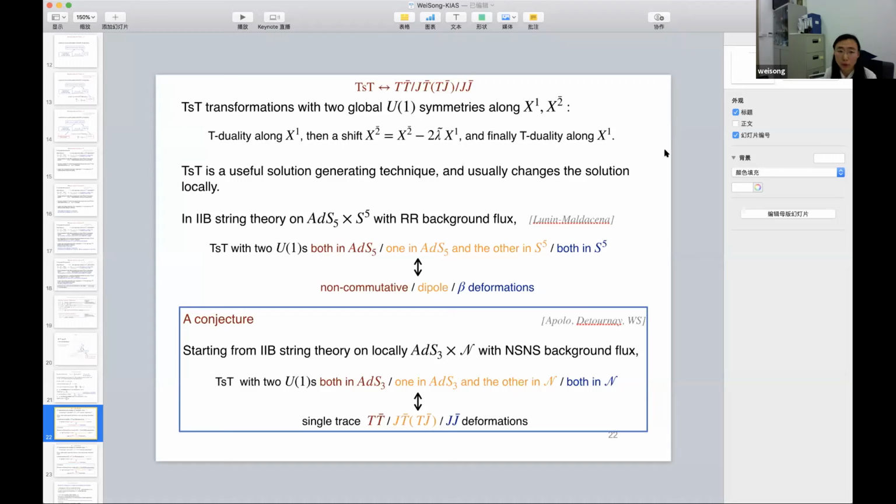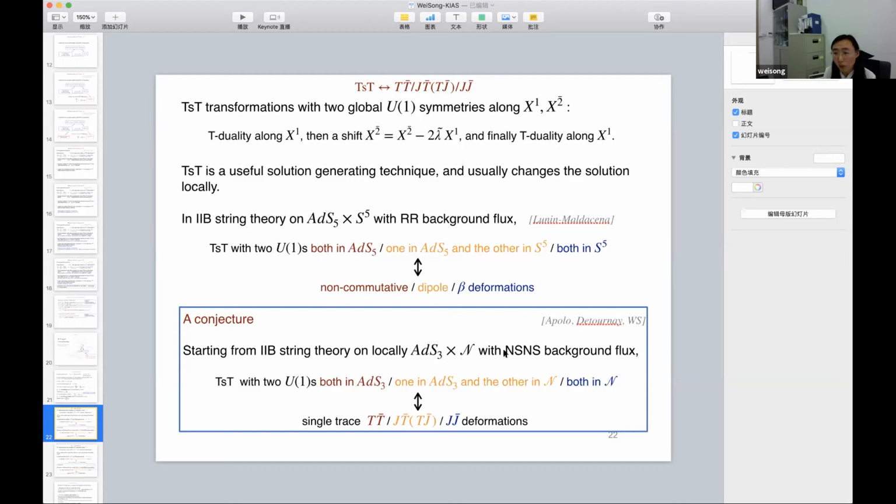For example, in type IIB string theory on AdS5 with RR background, there is already some evidence that such deformations, depending on your choice of the U(1) directions, correspond to a non-commutative deformation if the two U(1)s are chosen in your AdS direction, and if they are both in the internal directions, you have the so-called beta deformation. If one is in AdS and the other in the internal direction, you have this dipole deformation.